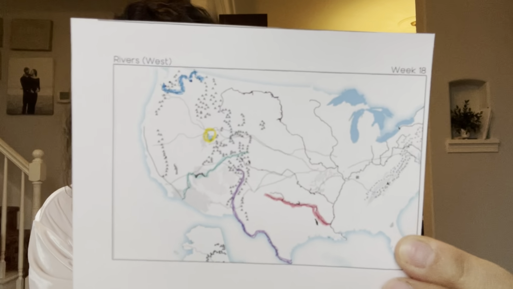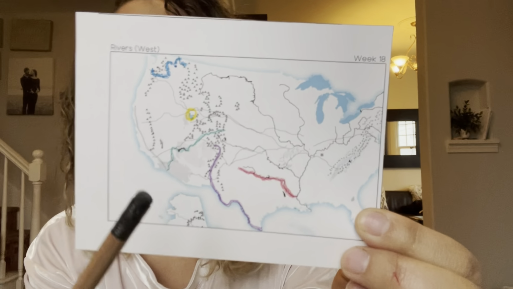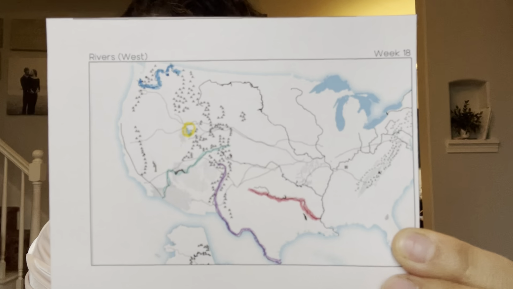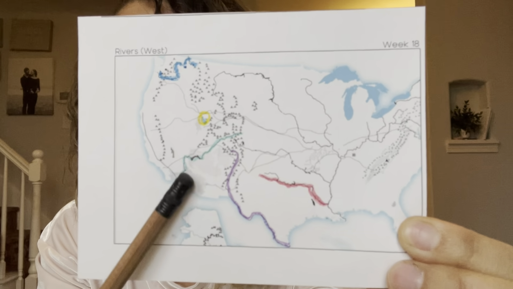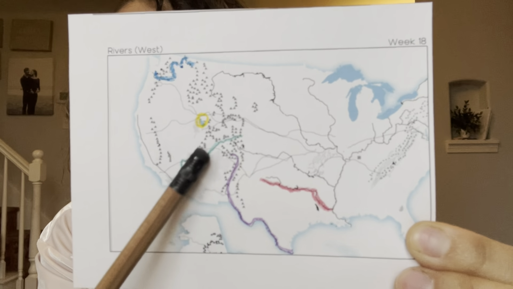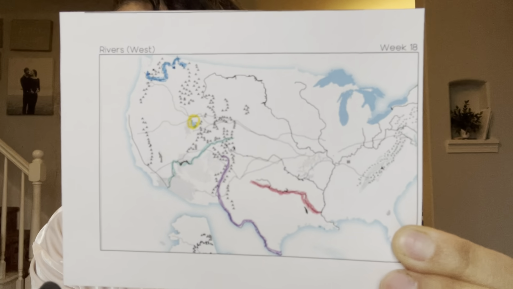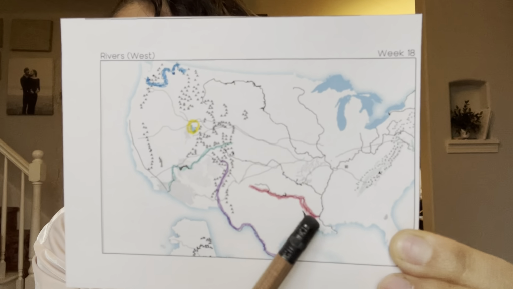Okay, for rivers, we have our rivers here, and I'm gonna use a handy dandy pencil here to point them out. We are learning the rivers west this week. And so we have the Colorado River, which is this river right here in green, kind of a turquoise color. And then we have the Red River, which is right over here in red.